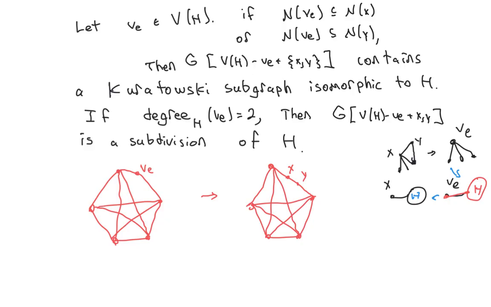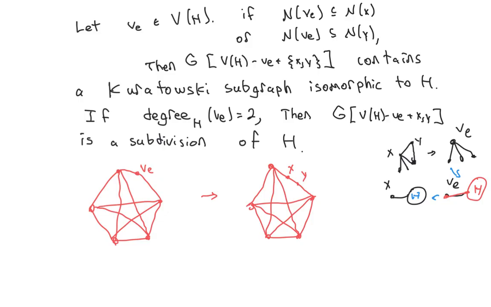And then this also breaks up into subcases. First, if the contracted vertex is degree exactly 2, then both of the endpoints of VE have to lie in our Kuratowski subgraph. Take one of those edges incident to VE and subdivide it and label the resulting vertices as X and Y. And congratulations, we took a Kuratowski subgraph of our contracted graph and replaced it with a Kuratowski subgraph in our original graph.